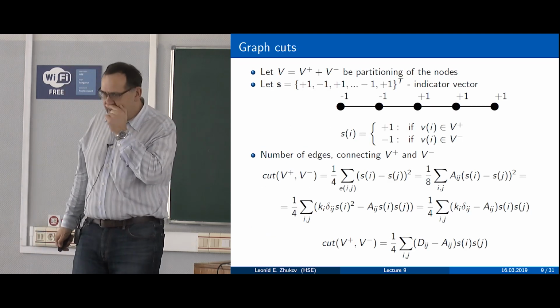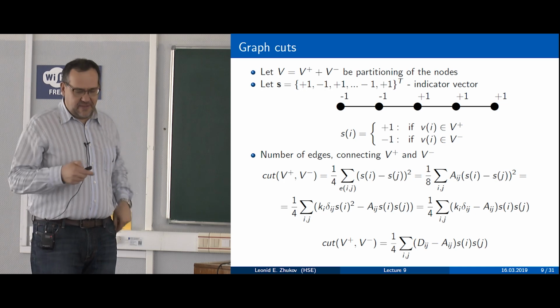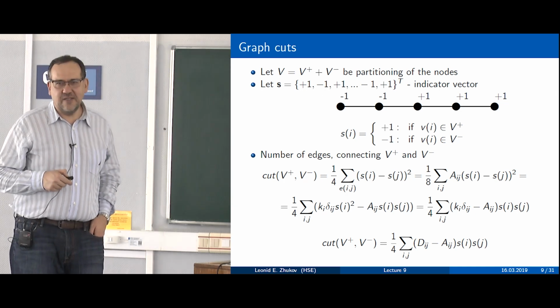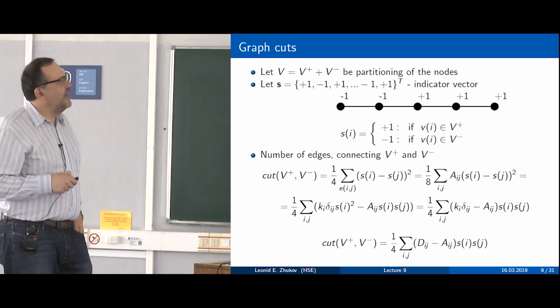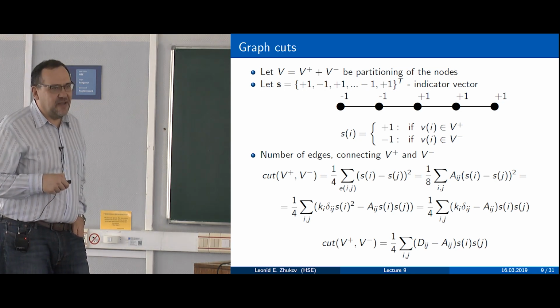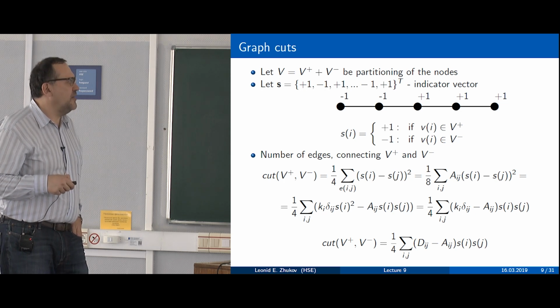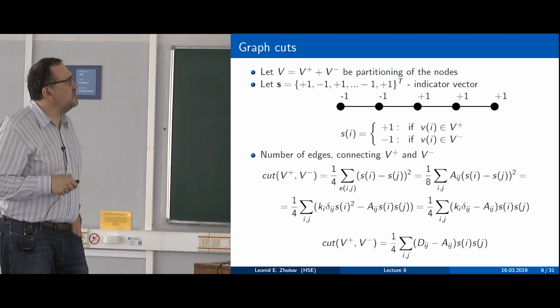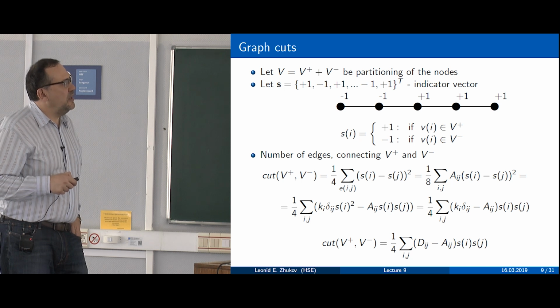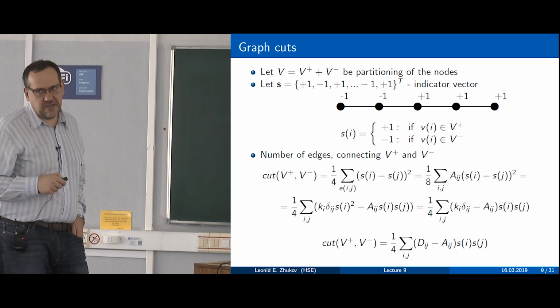Now, this is probably the heaviest slide in terms of formulas that we have seen so far in this course. Let me try to explain the idea, and then I'll point out a few things in the formulas; after that it becomes obvious. Imagine that we want to partition this line, this is our graph, into two parts.